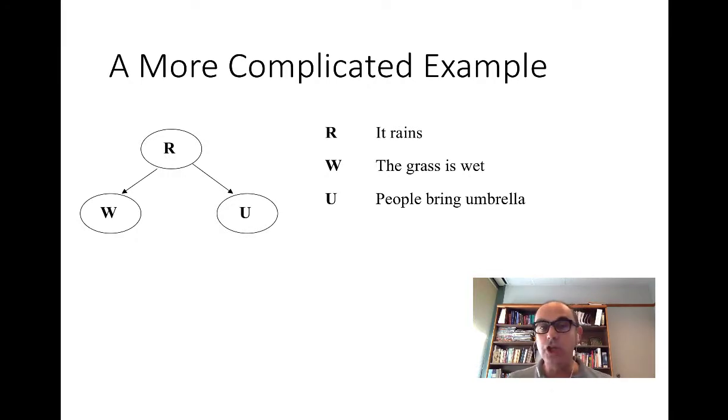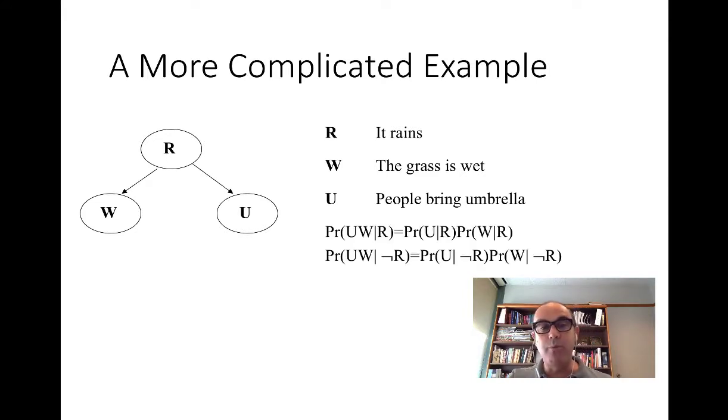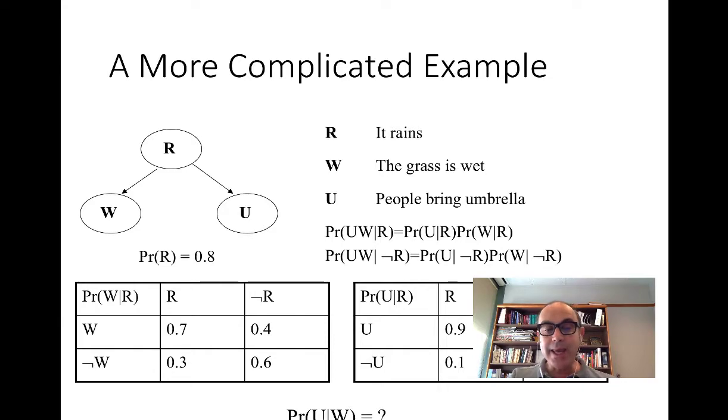We have three conditions: it rains, the grass is wet, and people bring umbrellas. So we have the formula that we can apply, and we can ask ourselves about U, which is people bringing an umbrella, given the grass is wet, what is the probability that it rains? This is what I want you to remember from it.